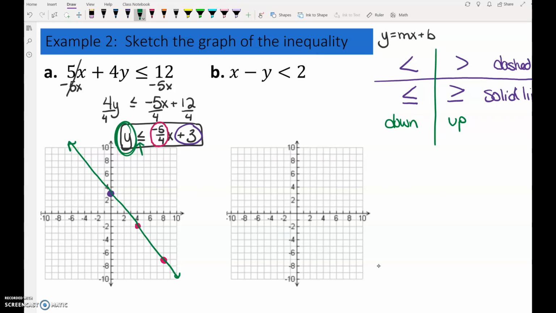So if I put my pencil on this purple dot, where are the y values smaller than they are at this purple dot? This purple dot is 3. Y values that are smaller would be 2, 1, 0. They'd be smaller going downward. If you put your pencil anywhere on the line and draw an arrow straight down, that will show you which side of the line you need to shade. So I would want to shade this side of the line. Whoa, got a little crazy there.